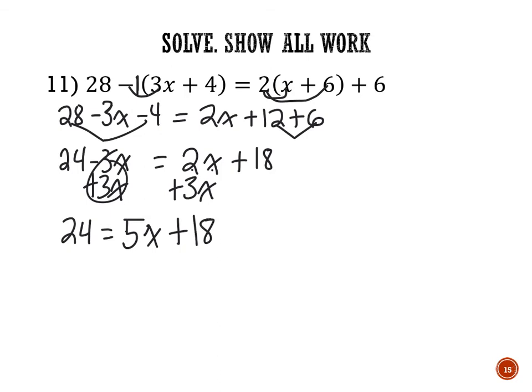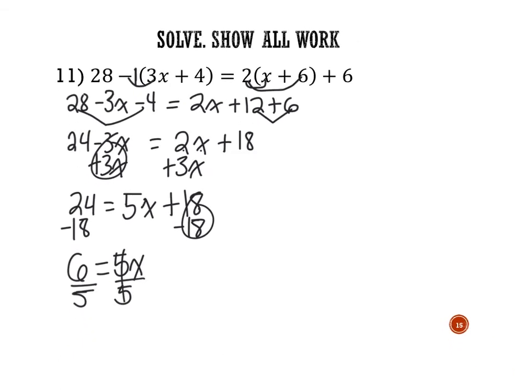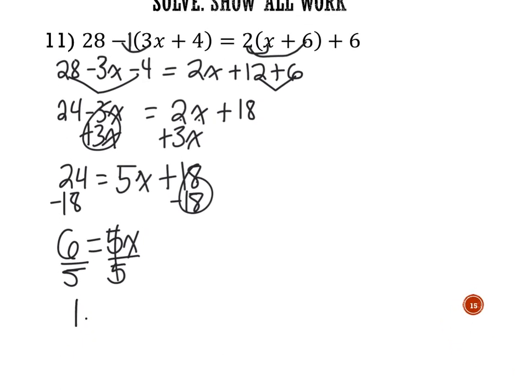Now I'm going to move my 18 over to my left-hand side by subtracting. Minus 18, 24 minus 18 equals 6. Six equals 5x. Divide by 5. 6 divided by 5 equals 1.2 equals x.